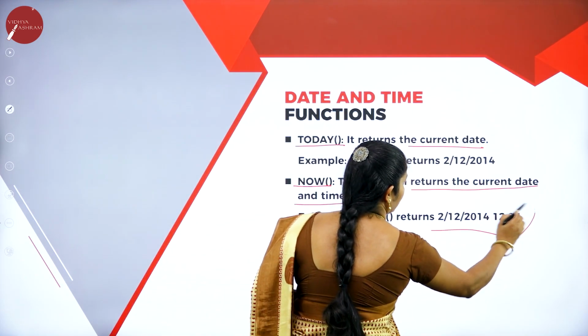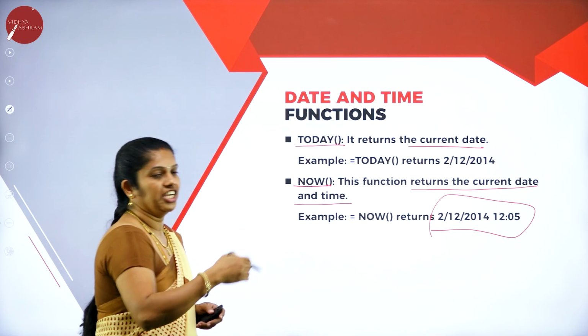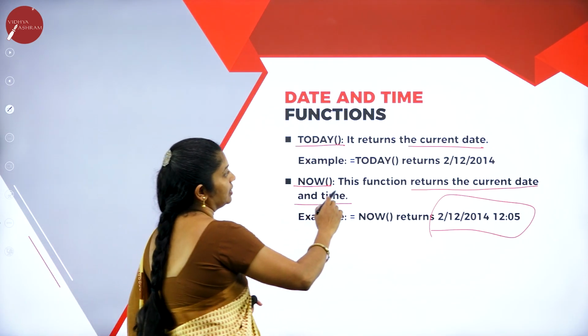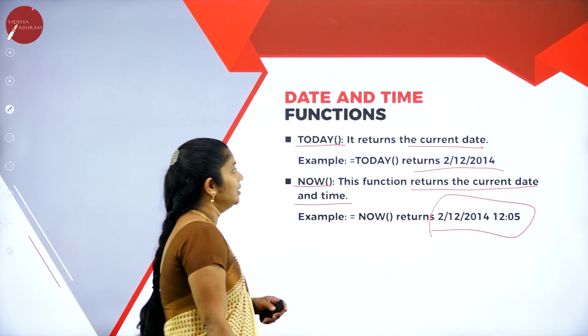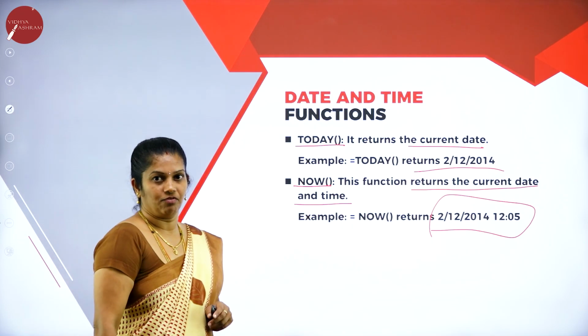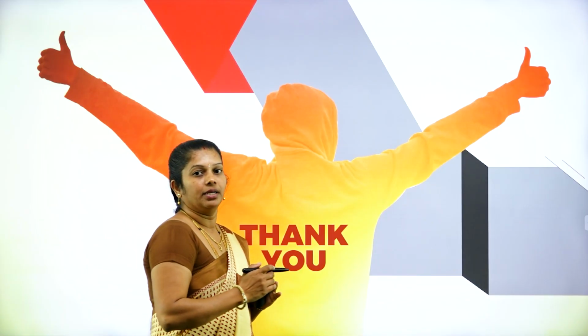Whichever date and whichever time we have, it will display, including date as well as time, whereas TODAY just displays the date only. Now, is it clear? These are the few date and time functions. This completes your spreadsheet concept.